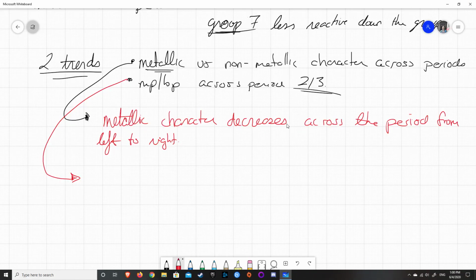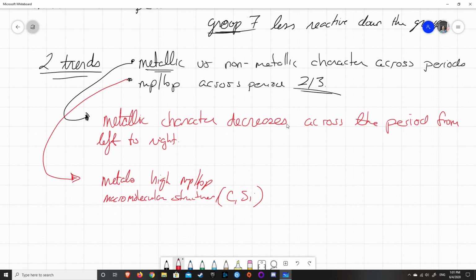So we work from metals, which we know have a high melting point and boiling point, then macromolecular structures, which we know carbon and silicon both formed, and we have simple molecular structures. So this will be like our halogens and gases.